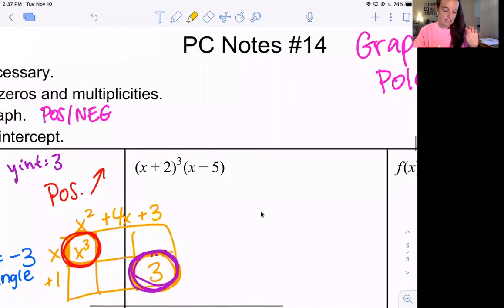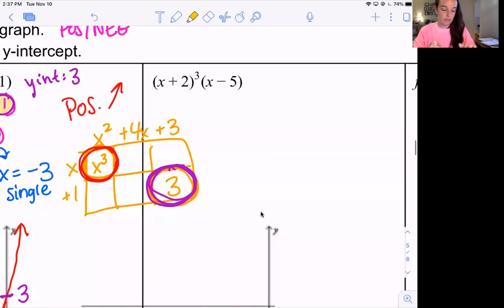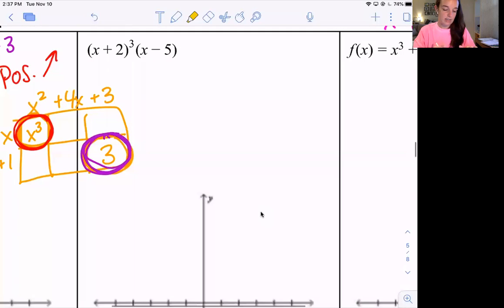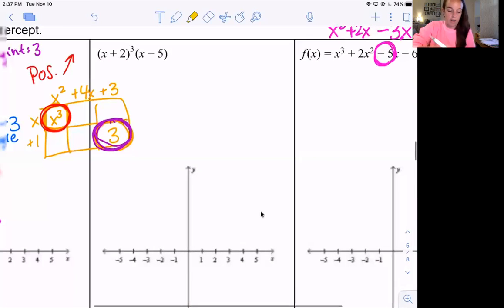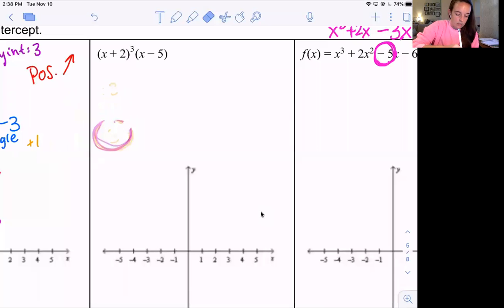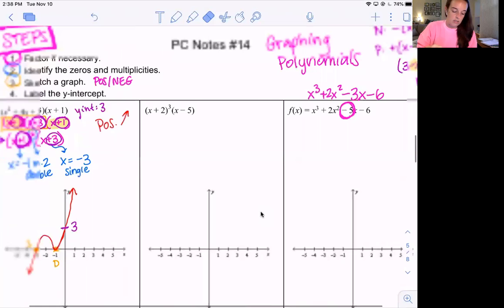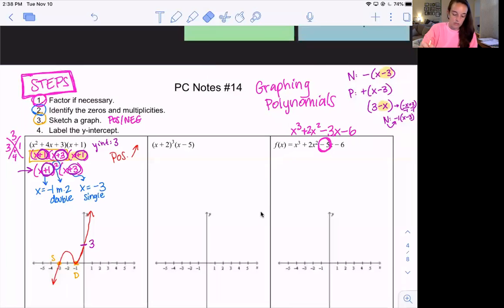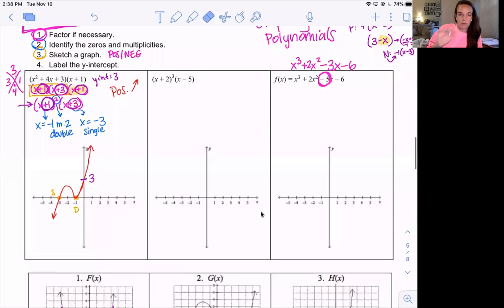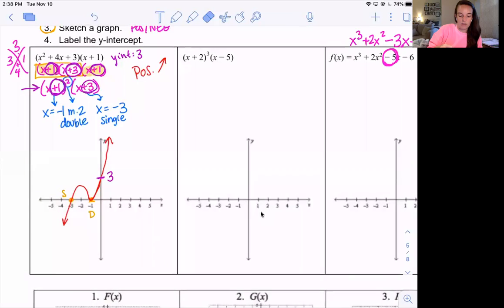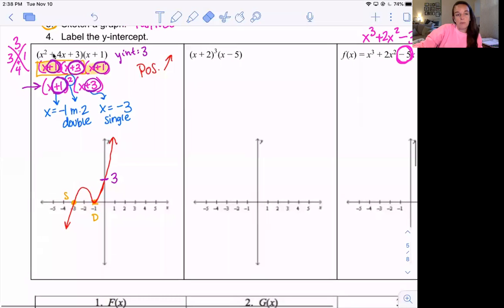Yes. Let's try another one, and I will continue to work with you on positives and negatives. That's a great question. Okay, so let's try this one. The first step is to, okay, wait, let's go back to this last one because we are asking a great question. The first thing we did was we factored it if we needed to. The second thing we did was we found the roots.